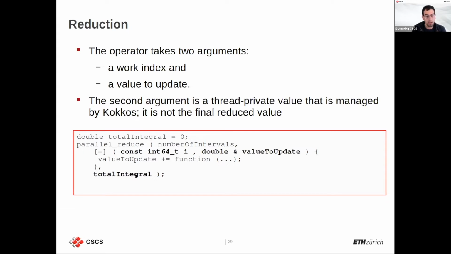Among Kokkos, there are other types of reduce. There are multiple reduces. This functionality is pretty new. It was released last year. So you can have multiple arguments after total integral, and this way you can have different types of reduction. In this case, the reduction is the summation of the result of each thread. You can have, for example, the summation and the max among the results of each thread.